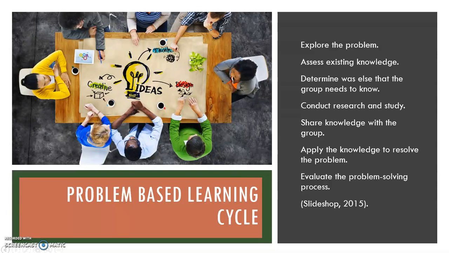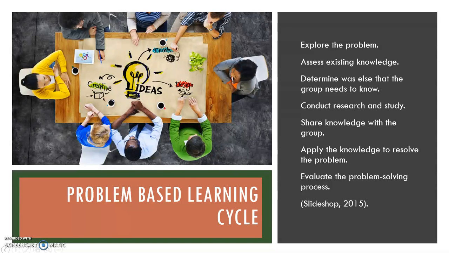Problem-based learning has 7 cycles or 7 steps to come up with a resolution for the problem that was given. The first one is to explore the problem, and the second one is assessing the existing knowledge.